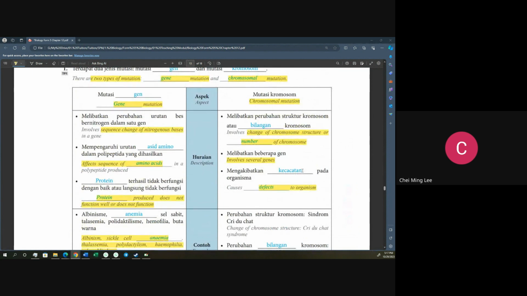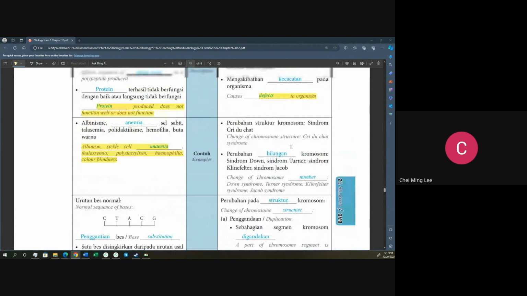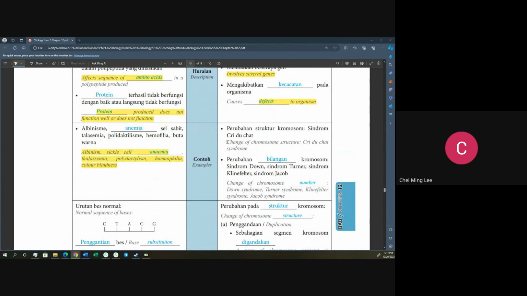Well, for chromosomal mutation, this is due to the change of the chromosomal structure, for example Cri-du-Chat syndrome. I don't know how to tell you guys, but it's okay.